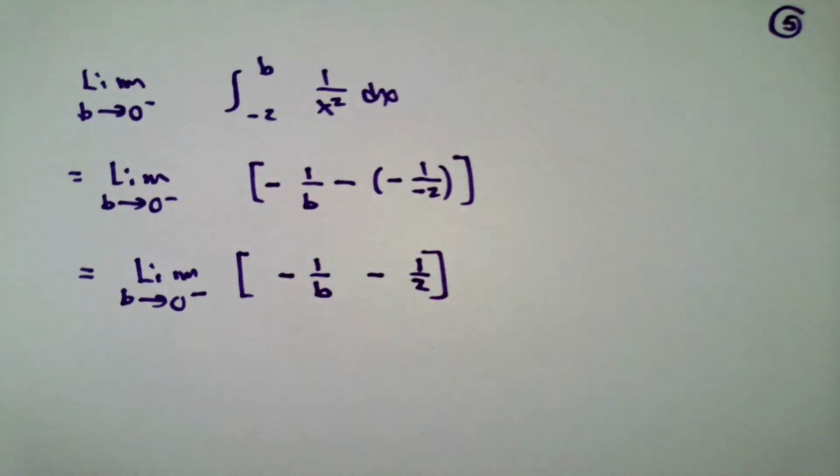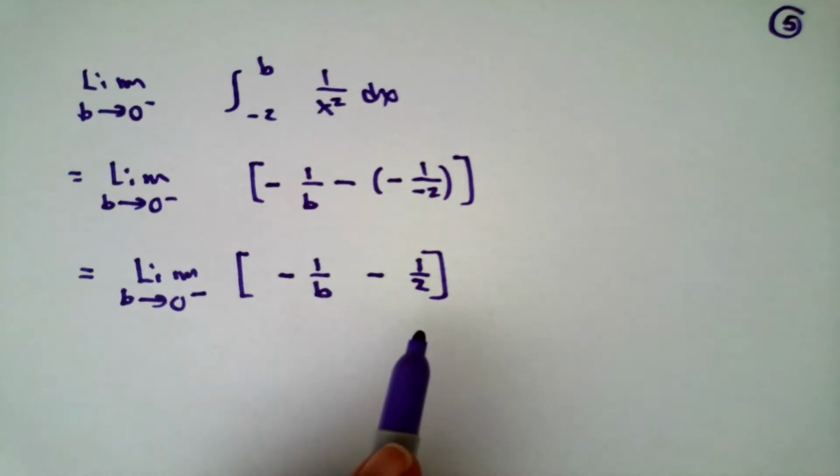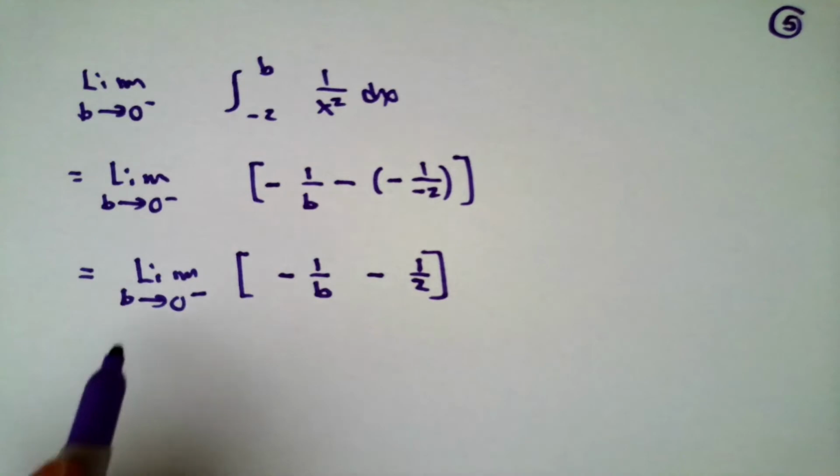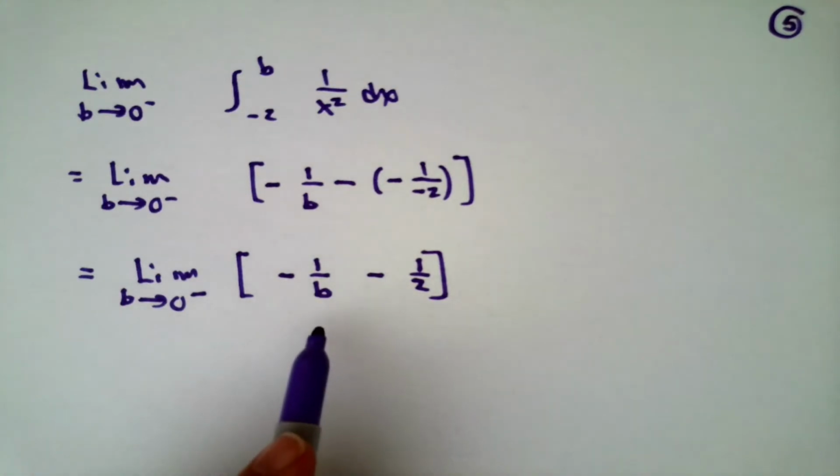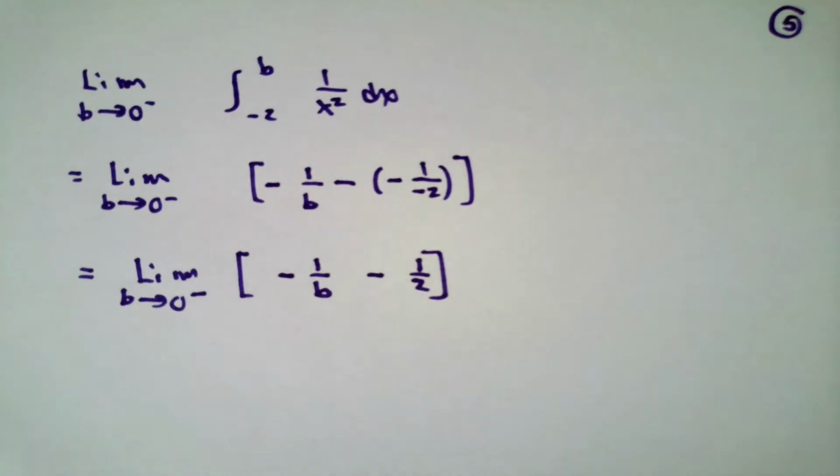Doing a similar argument for the other part, I find out that I need to look at the limit as b tends to 0 from the negative side of -1 over b minus 1/2. The minus 1/2 is a constant term, so that doesn't concern us any. As b approaches 0 from the negative side, 1 over b will be a negative number with large absolute value.